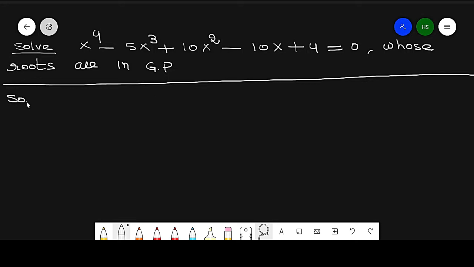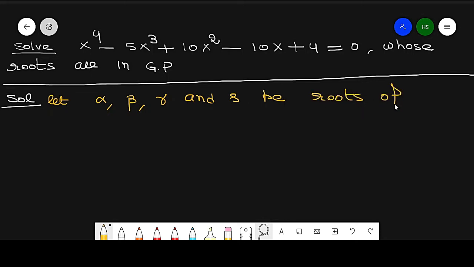Solution. Let alpha, beta, gamma and delta be the roots of equation number 1.